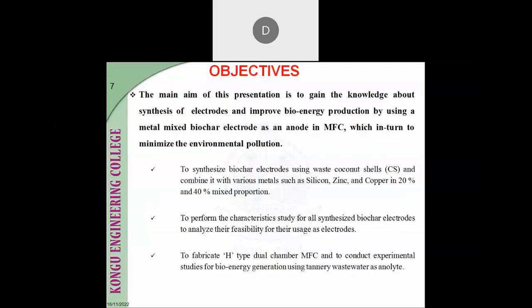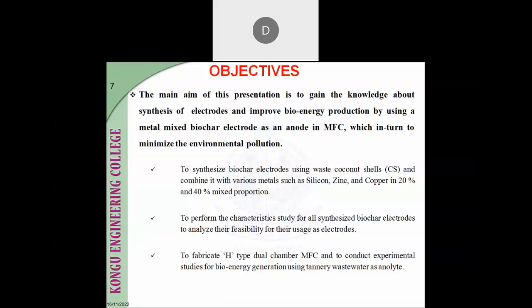Now, before going to the objective, if you take a microbial fuel cell, the microorganisms transform substrates into electricity in the bioelectrochemical system.